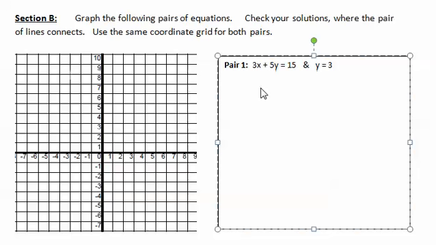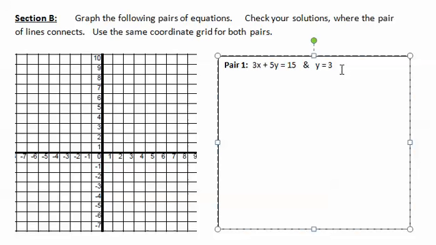So the pair that we're working with is 3x plus 5y equals 15. That's our first equation, and the second equation is y equals 3. So we're going to start with that first equation. What we know from solving equations is that we can substitute a 0 in for x to find y, and vice versa, substitute a 0 in for y and find x.